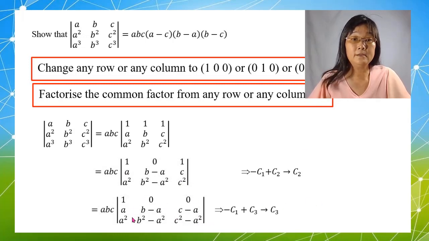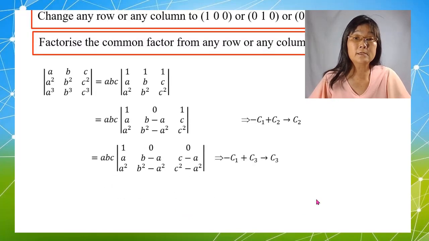Now after this, I find that I can again apply the second technique, where in the second column I can factorize b minus a, and in the third column I can factorize c minus a.